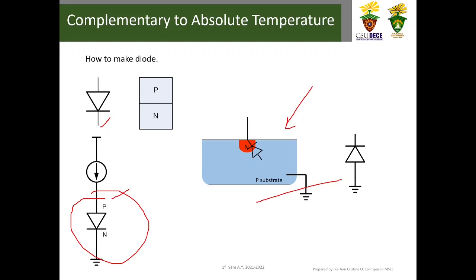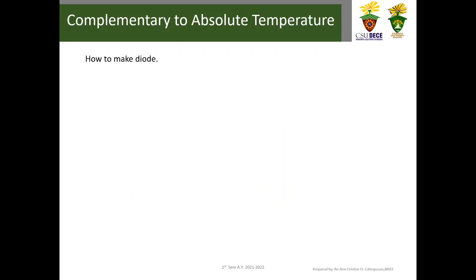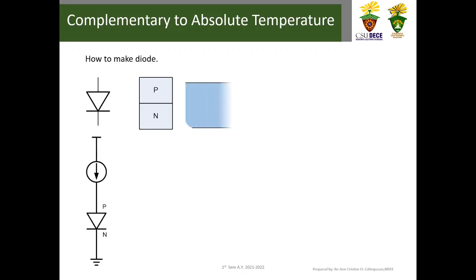So we look for another configuration that would fit the diode which we need, so that it can be implemented in CMOS. Another approach of making a diode in the CMOS process: again, the P substrate is always connected to the ground, so we add an N well here.